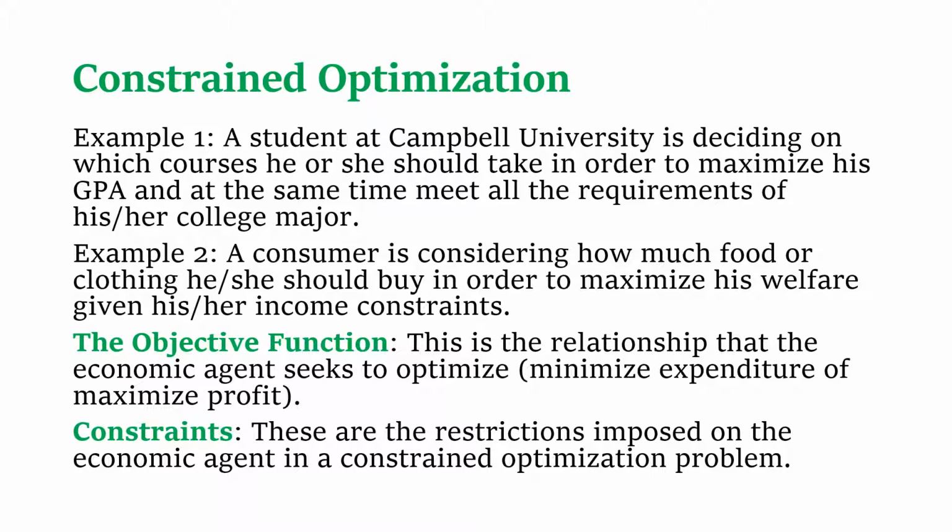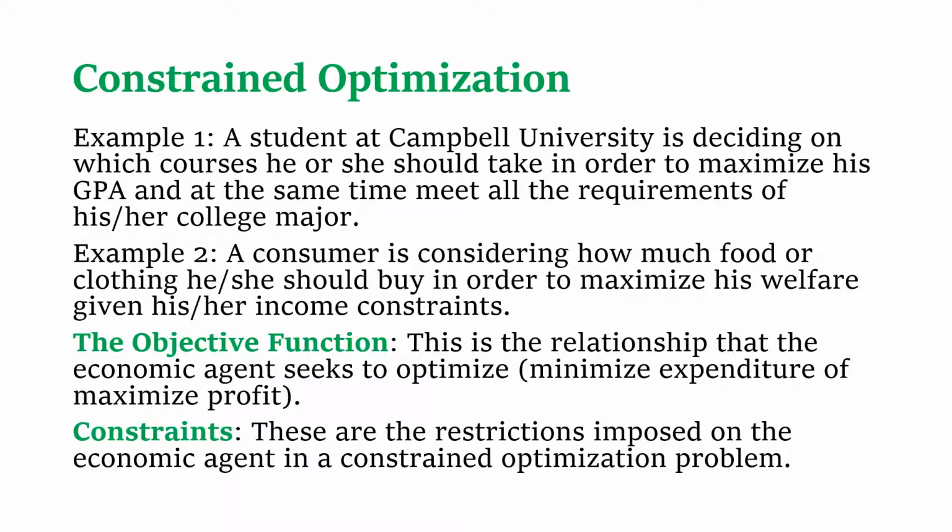Now, I gave you some examples here, for you to see. The objective function is just a relationship that the economic agent seeks to optimize. What you're trying to optimize, what your goal is, whether you are minimizing expenditure or minimizing cost, or maybe maximizing utility or maximizing profits. So that is your objective function.